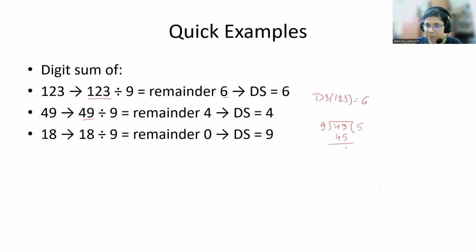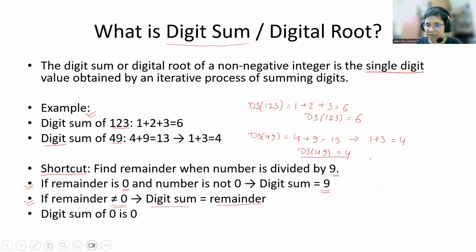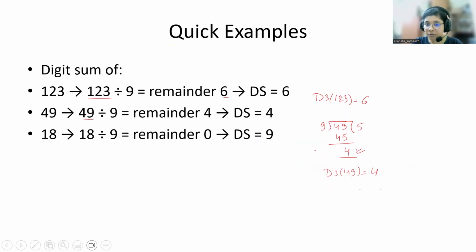And what is the remainder? Remainder is 4, because 49 is not divisible by 9. So according to the shortcut, digit sum for 49 should be 4. And we have already seen it here. Digit sum of 49 is indeed 4, right? So the shortcut is working fine.